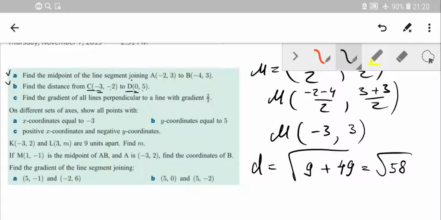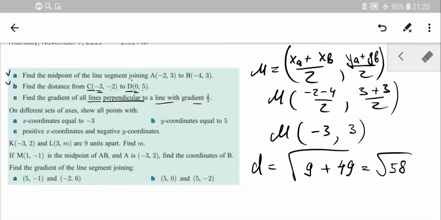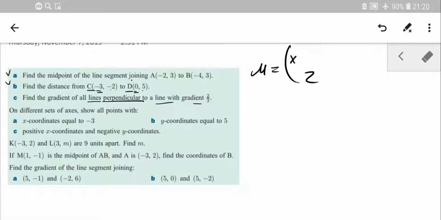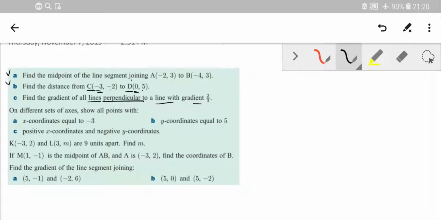Find the gradient of all lines perpendicular to a line with gradient 2 over 3. The key word is perpendicular. So remember what we need to do in this case: we simply need to reverse the gradient of the given line.